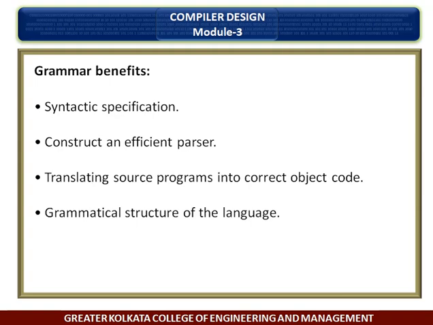A grammar allows a language to be evolved or developed iteratively by adding new constructs to perform new tasks. The new constructs can be integrated more easily into an implementation that follows the grammatical structure of the language.